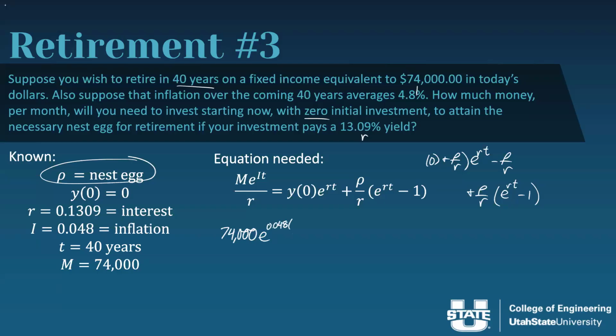0.048 over 40 years divided by 0.1309 equals, our y naught is 0, so that term's going to go away, equals rho over 0.1309 e to the 0.048 for 40 years, we already know, minus 1.